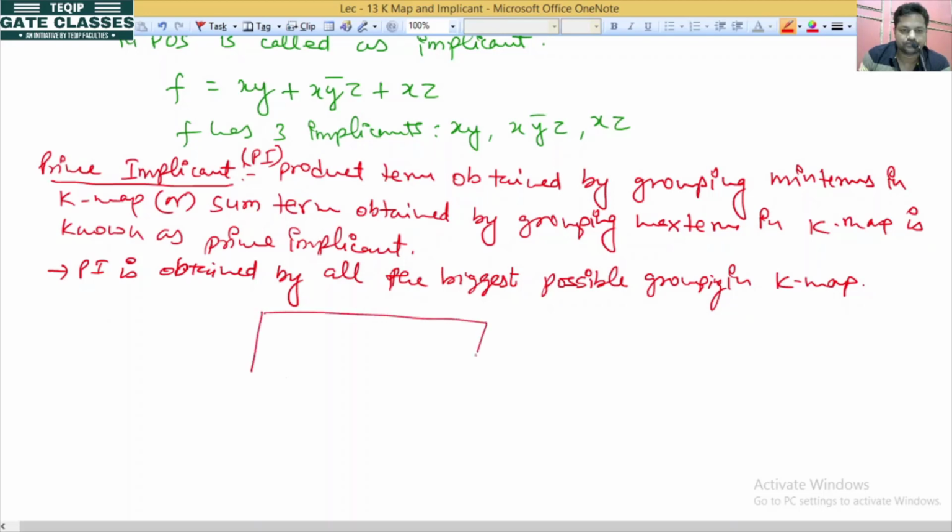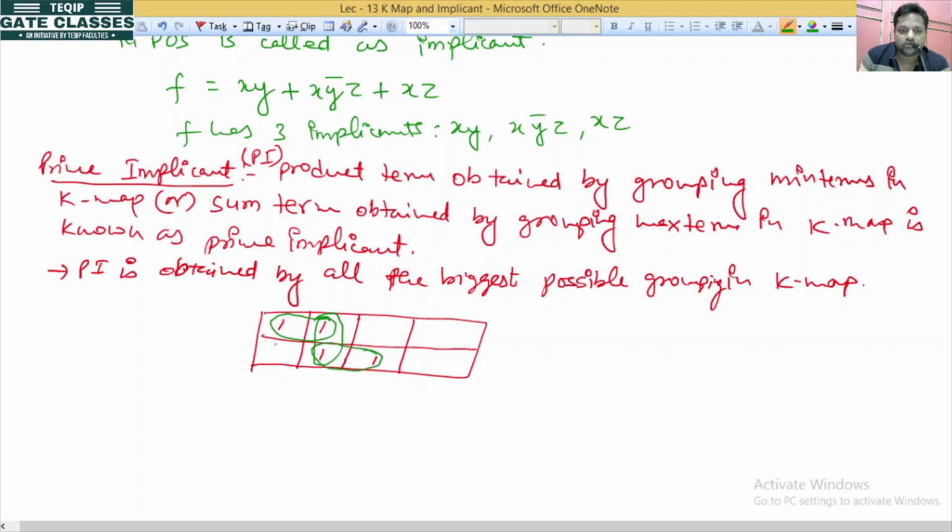Suppose I have this scenario, and I have these many ones. So when we perform grouping, what will be the maximum grouping? One group, two group, and this one is three group.